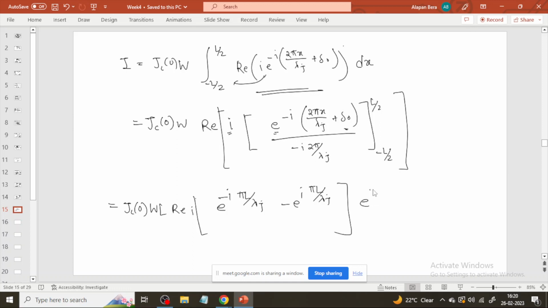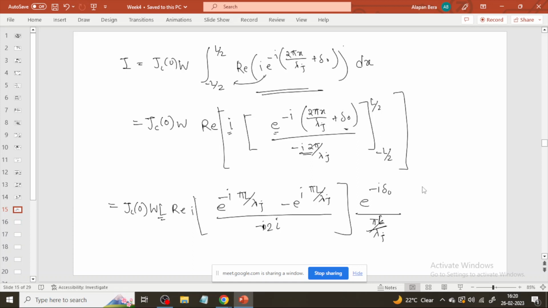Because this is a constant, we have taken this term outside. Of the remainder we will only keep these two terms, minus 2i to 2i here, and the other terms we take outside. And remember, we have multiplied an extra L here, so we also have to divide by it. So this is basically given as pi L by lambda j.